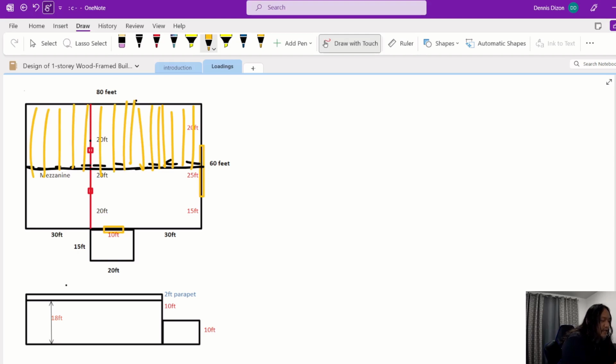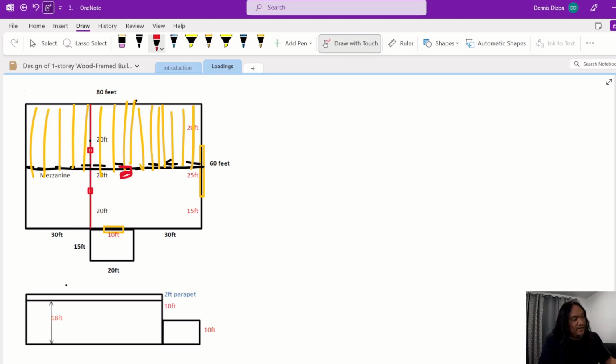But this girder truss is too long, like 80 feet. We might need to cut that in half, and then provide another column here. So those are another option for your roof framing.